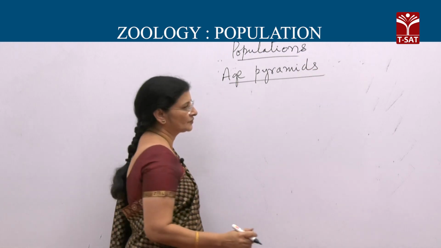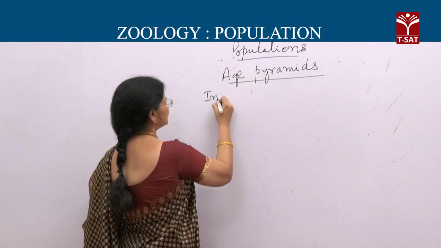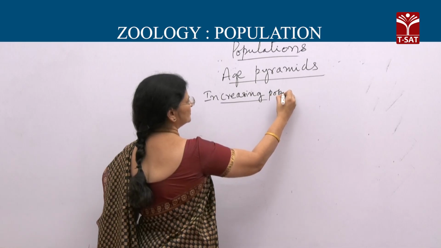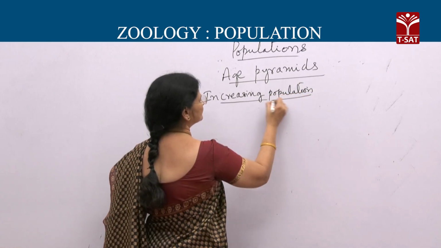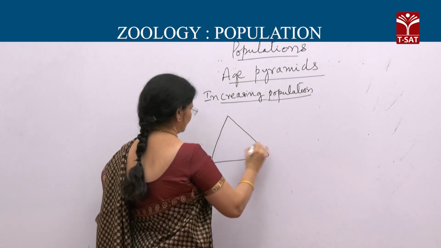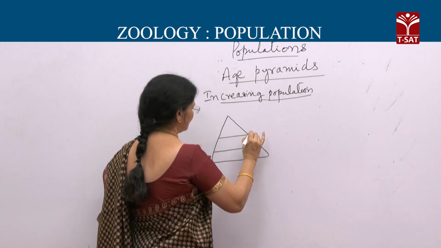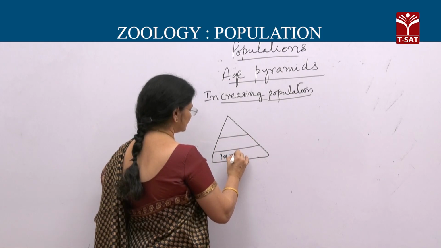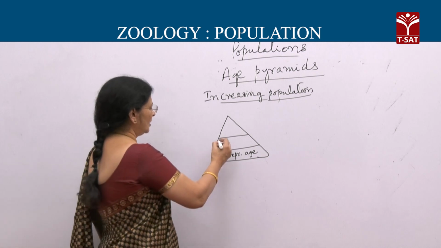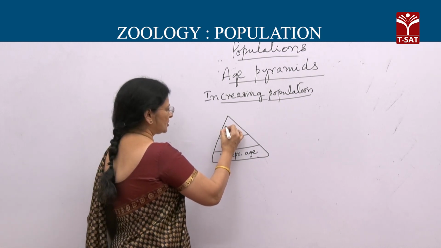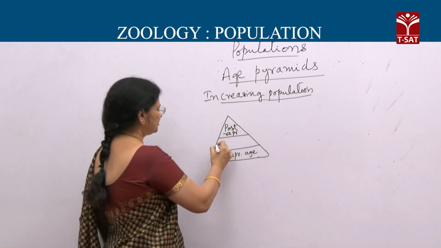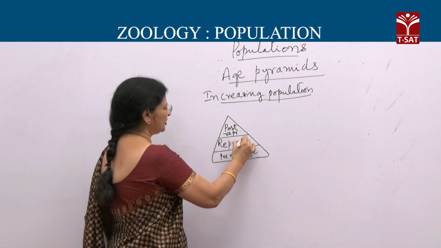Age pyramids. For an increasing population, the shape of the pyramid is an upright triangle. At the base, generally we take the pre-reproductive age group. Then above that we take the reproductive age group, and at the apex the older individuals, the post-reproductive age group.